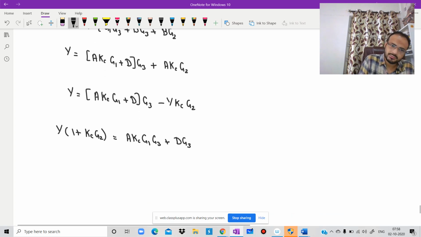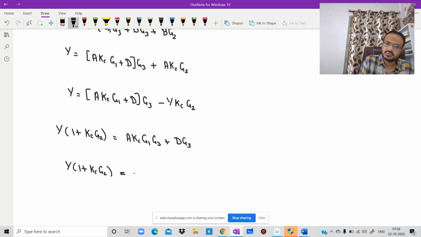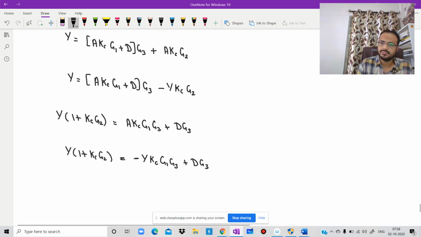Replace this value also. Y into 1 plus Kc G2 is equal to minus of Y Kc G1 G3 plus D into G3.